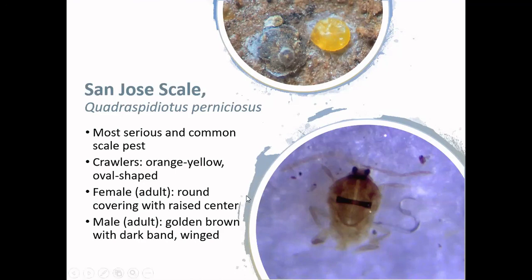The males, however, are winged soft-bodied insects. They are similar in size, quite small, golden color, but have a very distinct band across the abdomen that can really show up on the traps when you're looking under a hand lens.